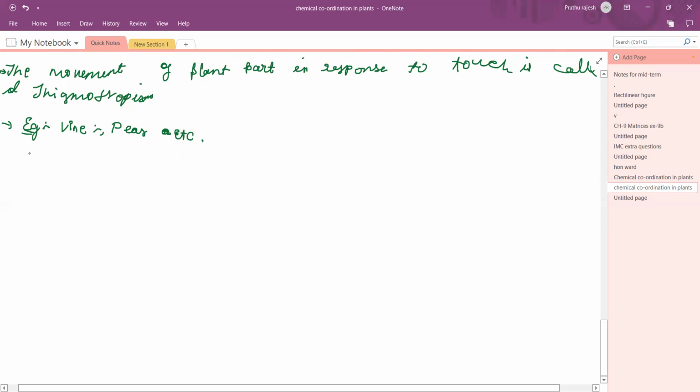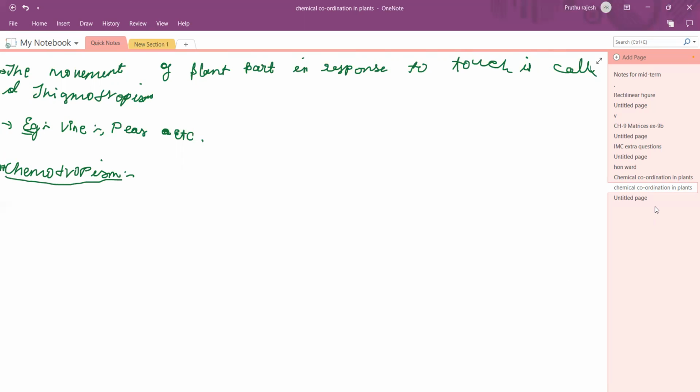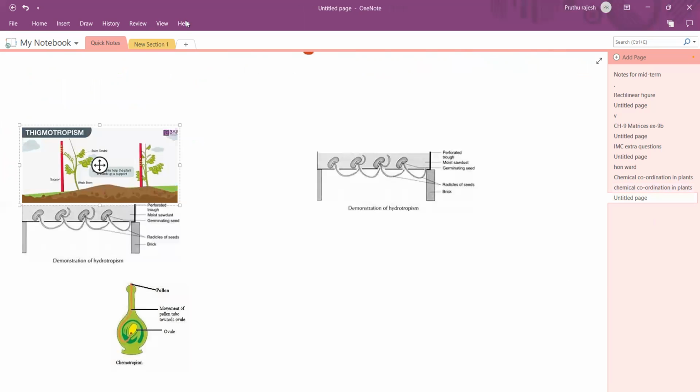We have almost completed. Only one topic left, that is chemotropism. I would like to share a picture with you guys. Just give me a minute's time.